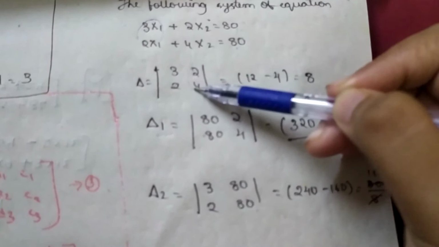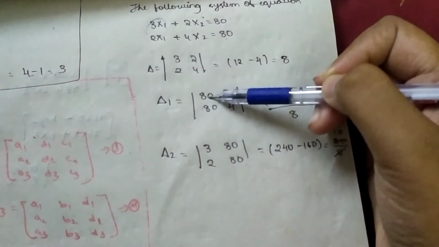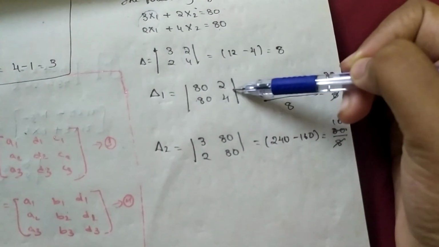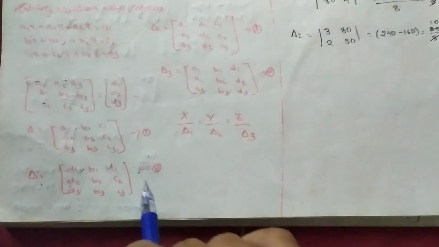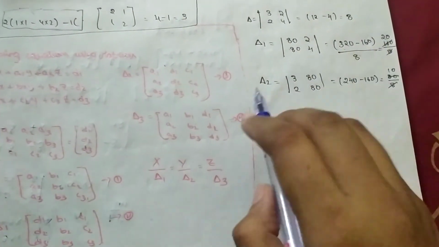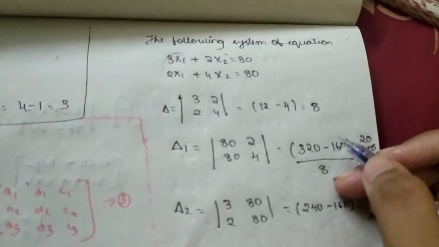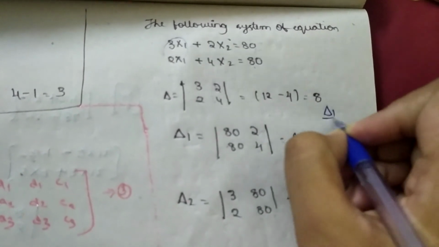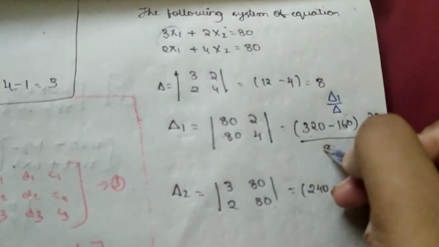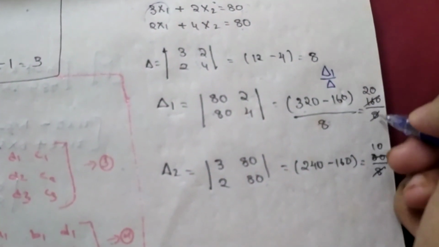So these are b values. So 2 and 4, 80 into 4 is 320 minus 80 into 2 is 160. This is the delta value, so delta 1 by delta we have to do like this. So 160 by 8 is 20, answer.